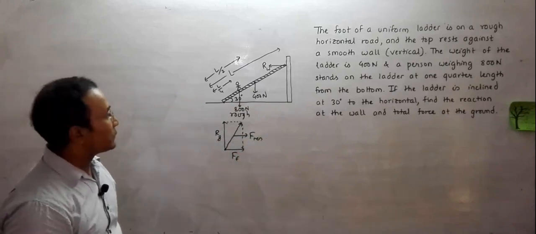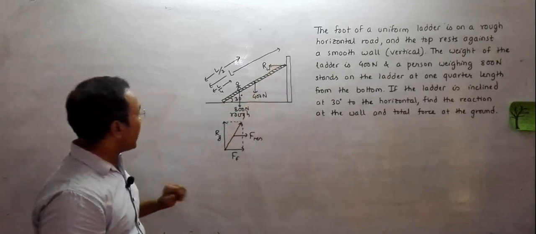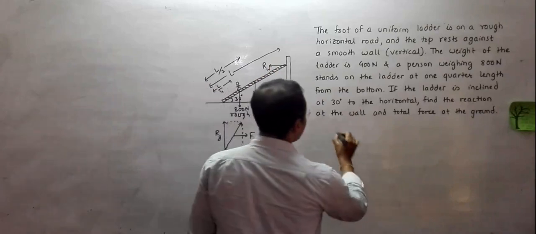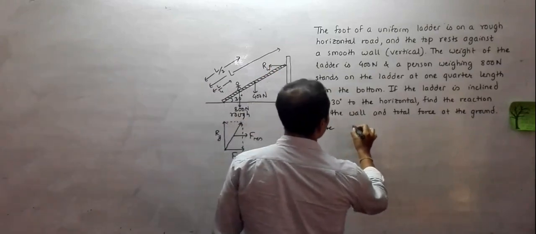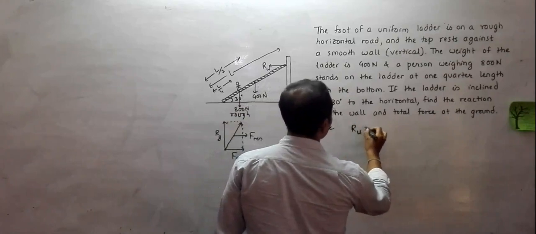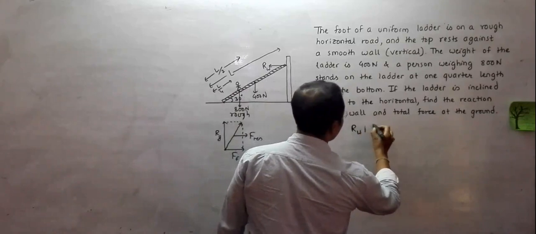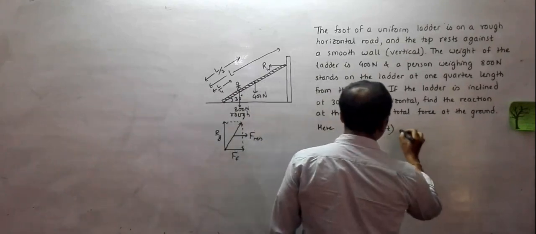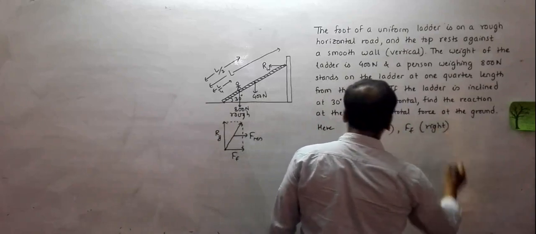Now we need to find the value of the reaction at the wall, which is RW, and we need to find what is FRES. Let us first remember that the reaction due to the wall is acting to the left, and the frictional force is acting to the right.